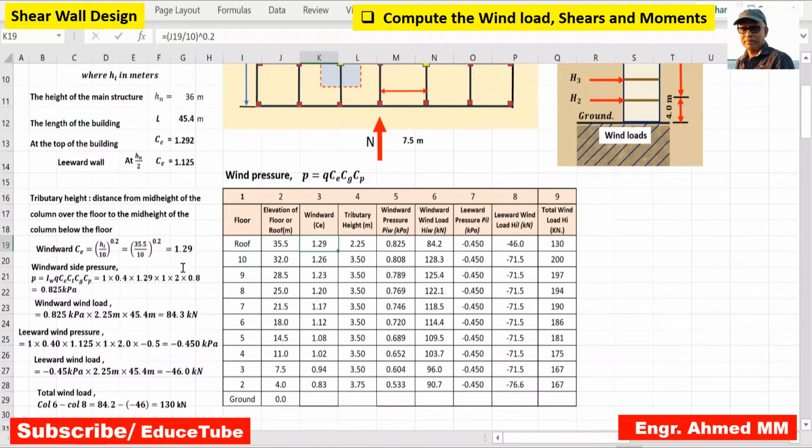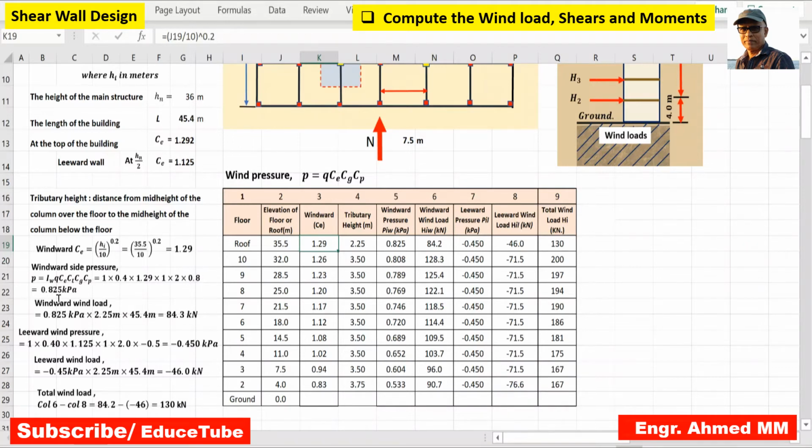And CE I already got as 1.29. As I told you, CT, the topographic factor, is 1, and CG will be 2, because this is the design of a structural frame. That's why I put 2, and CP I already explained: for the windward side pressure, CP will be 0.8.